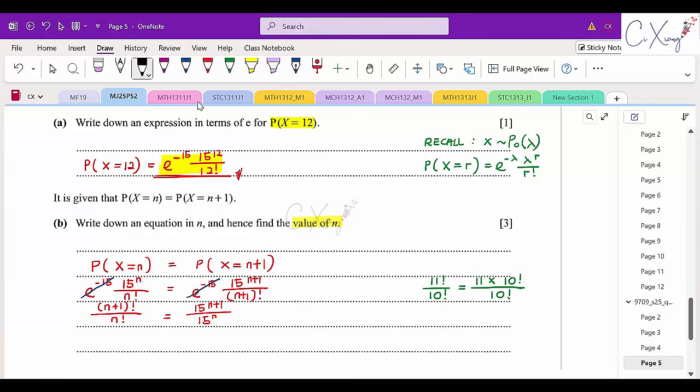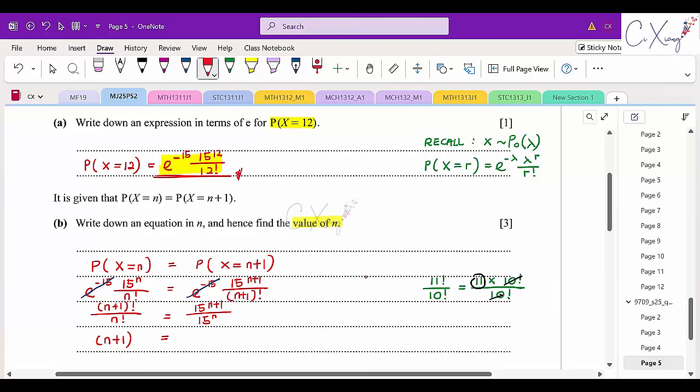And these two 10 factorials can be simplified, and you are left with only 11. So here, when I simplify n plus 1 factorial divided by n factorial, I'm having n plus 1 on the left hand side. So this part I'm simplifying using some basic explanation.